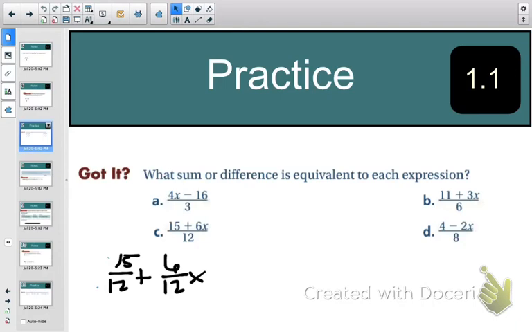So if I divide by 3 here, divide this by 3, and then 6 goes into both of these. So I can divide this by 6, divide this by 6. Okay, so then what I get is 15 divided by 3 is 5, over 12 divided by 3 is 4, plus 6 divided by 6 is 1, 12 divided by 6 is 2x. Okay, so this is the same as 5/4 plus 1/2 x.